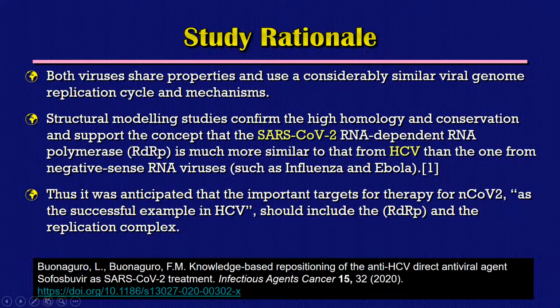Structural modeling studies confirm the high homology and conservation and support the concept that SARS-CoV-2 RNA-dependent RNA polymerase is much more similar to that from hepatitis C virus than the one from negative sense RNA viruses such as influenza and Ebola. Thus, it was anticipated that the important targets for therapy for novel coronavirus 2, as a successful example in hepatitis C virus, should include the RNA-dependent RNA polymerase and the replication complex.